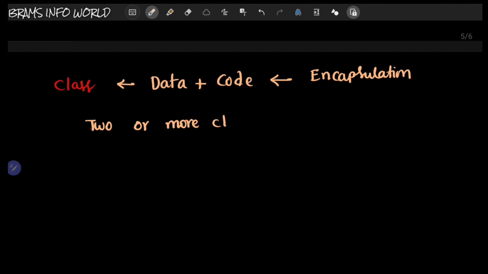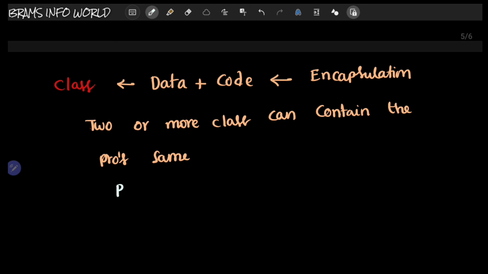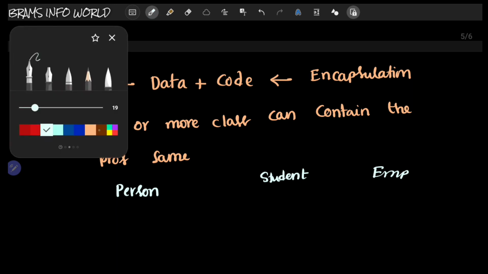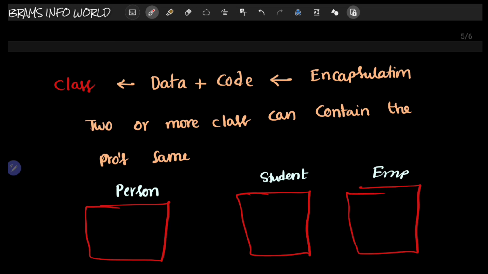Two or more classes can contain the same properties. Assume that there is a person, a student, and one more class like employee. All come under classes. Name is a property of person, student and employee.